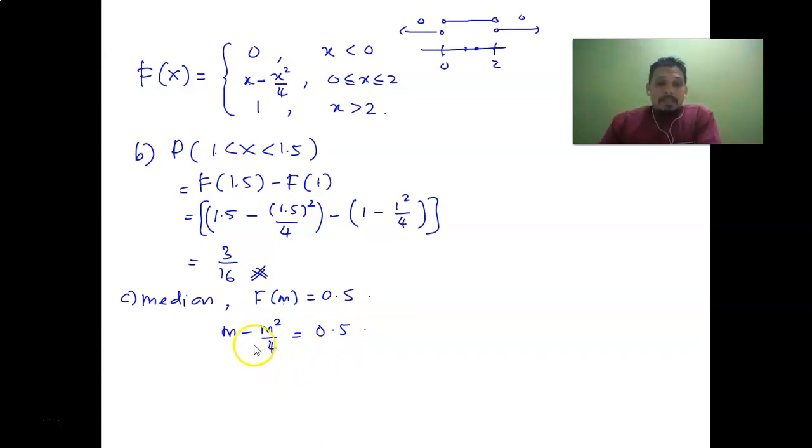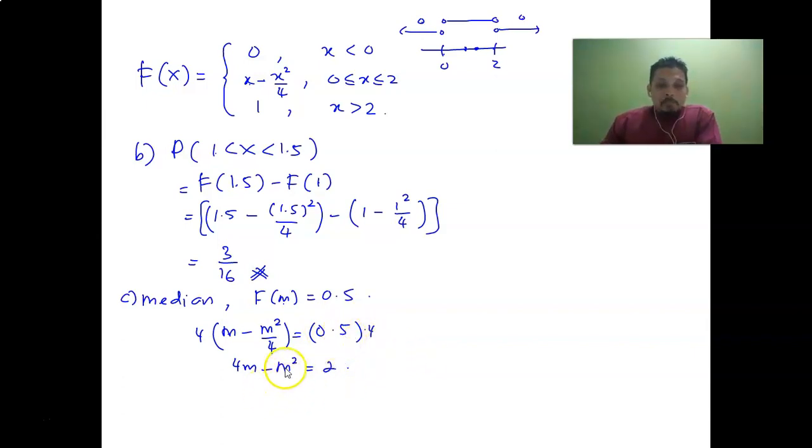Okay, then multiply with 4. So 4 times m, 4m, 4 times negative m squared divided by 4, so 4 divided by 4 equal to 1, m squared equal to 0.5 times 4, then 2.